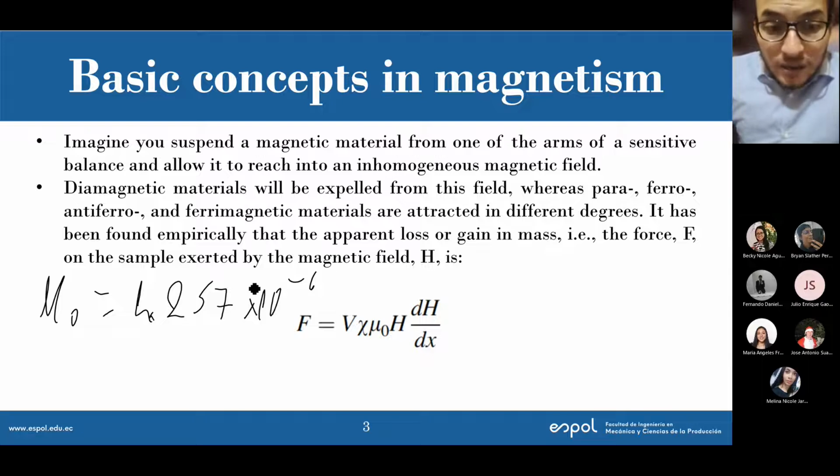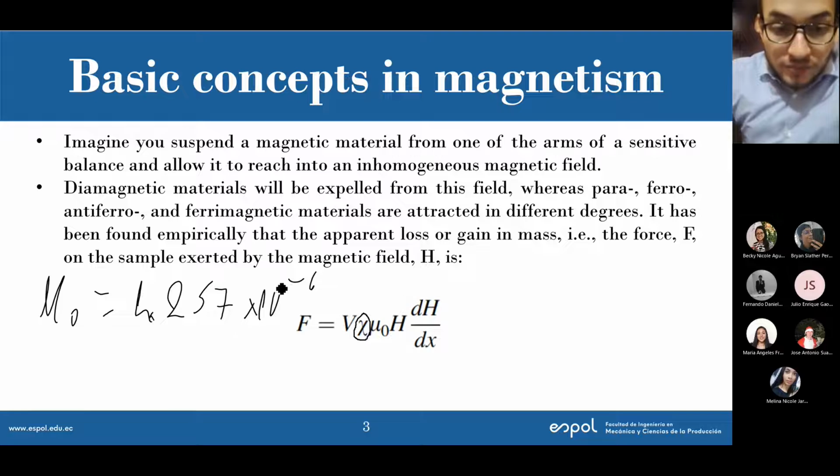What's chi? Chi is also a constant that you guys should start familiarizing with. It's called the susceptibility. The susceptibility basically expresses how responsive a material will be to an applied magnetic field. So basically, literally, how susceptible to a magnetic field a material is. That's why it's called the susceptibility. Okay.